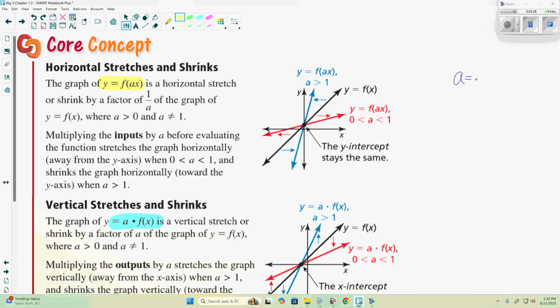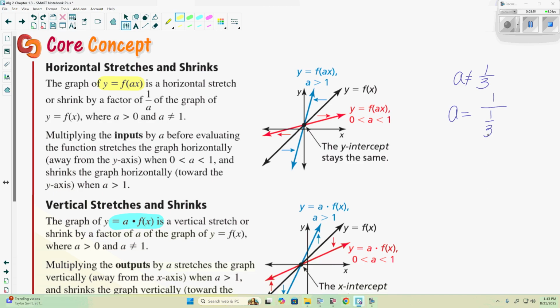The A that we plug into the function is not 1/3. The value that we're plugging in for this A is going to be 1 over 1/3. That's our 1 over A. That's why I don't like the fact that it says f of a times x is 1 over a.